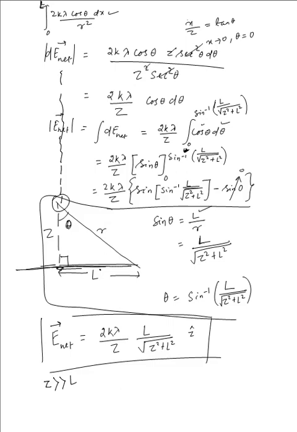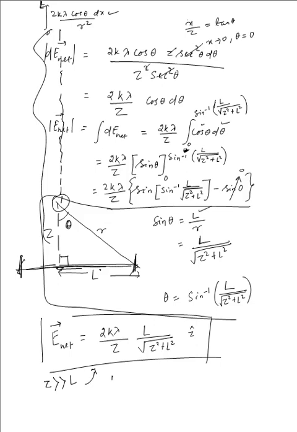So that entire linear charge distribution segment is pretty small in comparison to a very large value of z. In that case, this above equation can be rewritten.